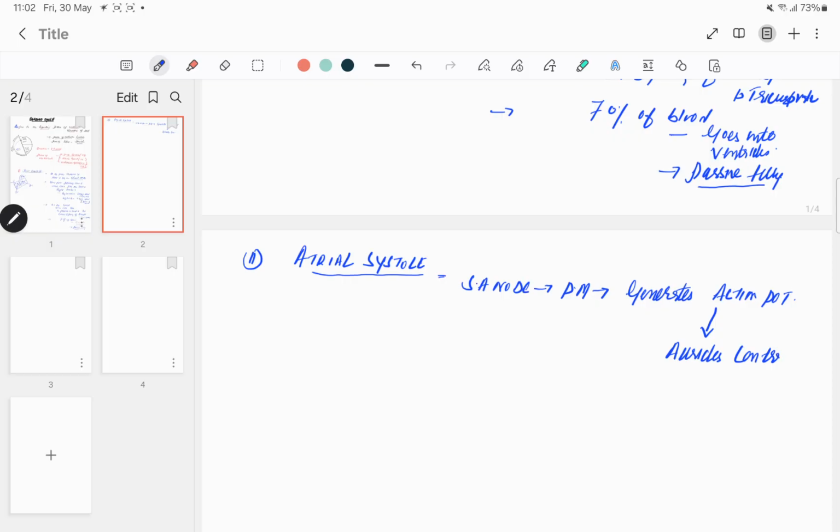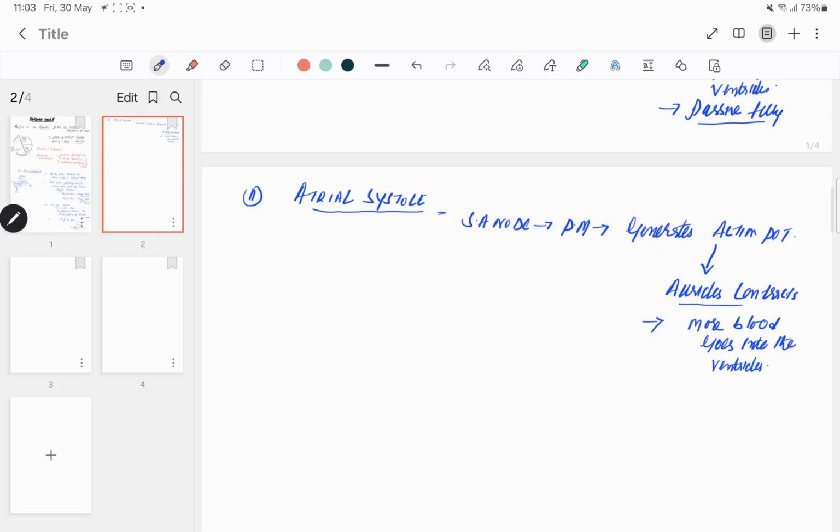Both auricles contract simultaneously. Due to the contraction of the auricles, more blood goes into the ventricles.